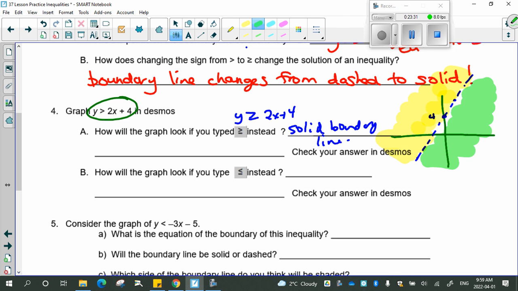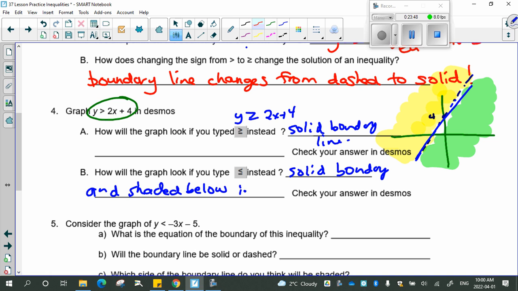Less than or equal to? Solid. Good. So how does it look different? Solid boundary, and the shading is below instead of above.